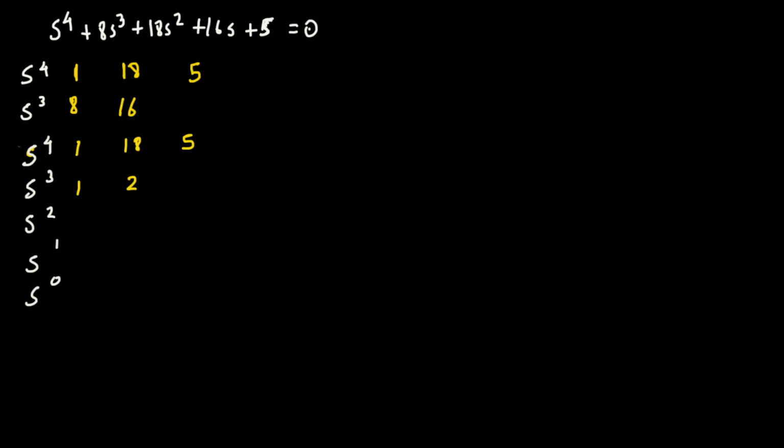Now the next step is to multiply this one by this, and minus this one by this, divided by whatever we have here. For s^2, the first one is 1 times 18 minus 2 times 1, divided by 1, which is 18 minus 2, 16, divided by 1, which is 16 right here. Then we do the next one.